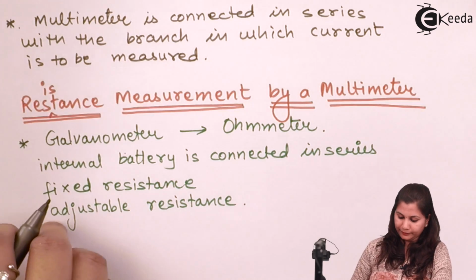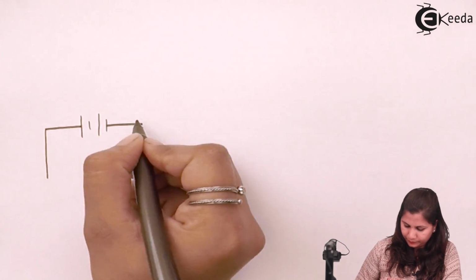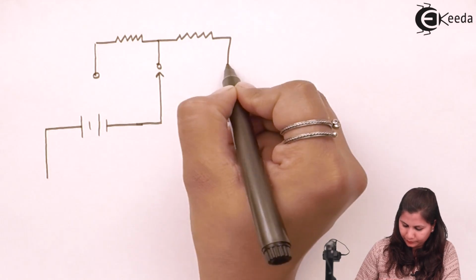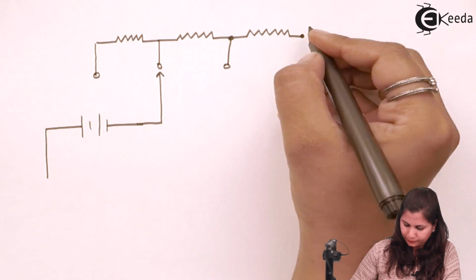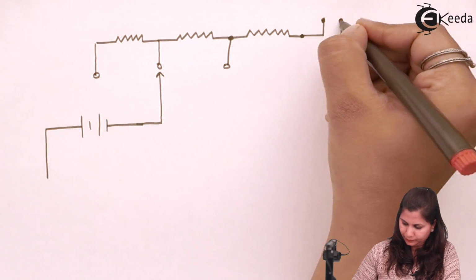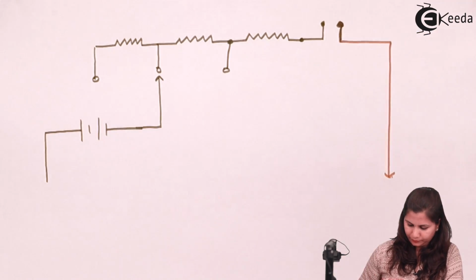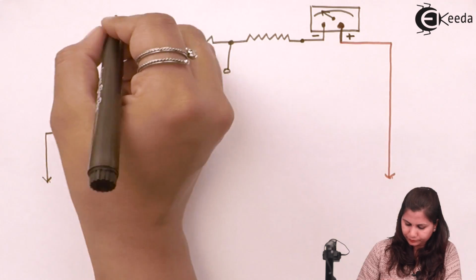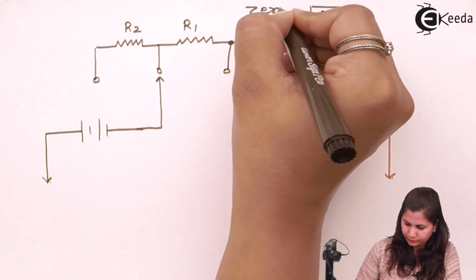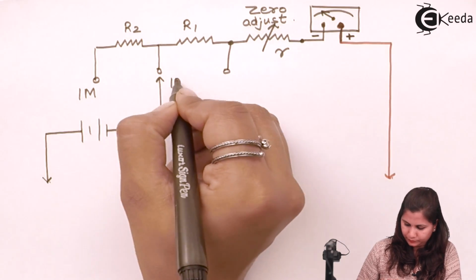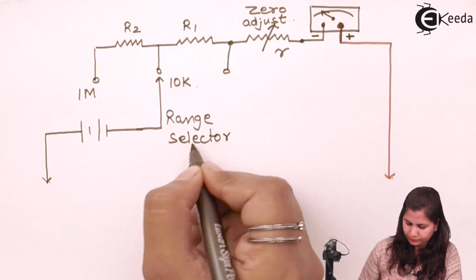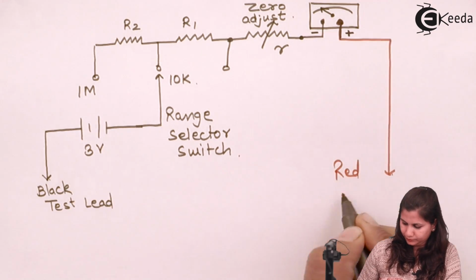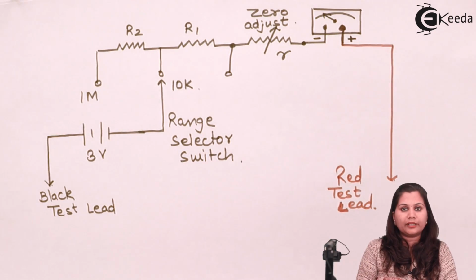Let's see the circuit for it. So this is the circuit for the resistance measurement.